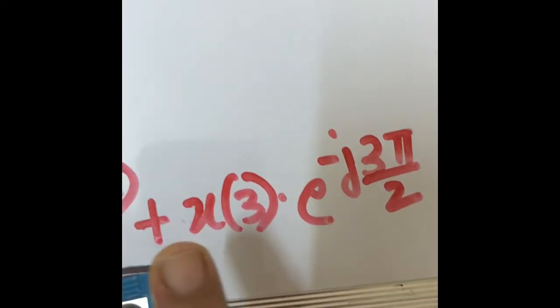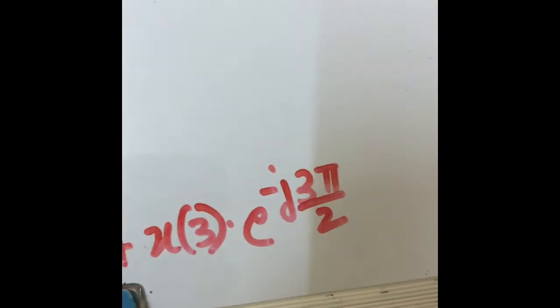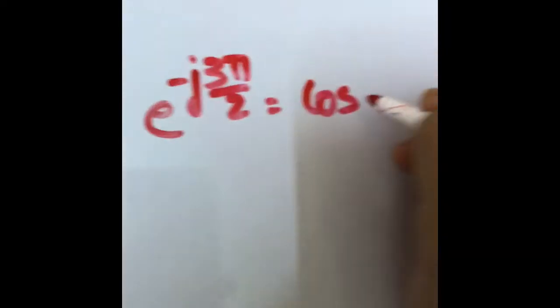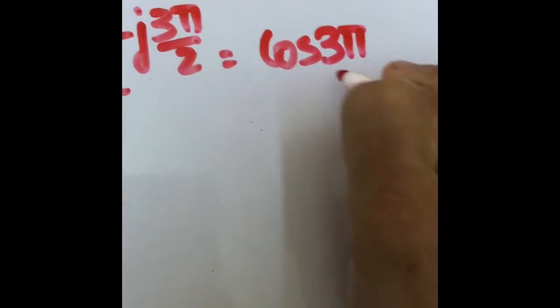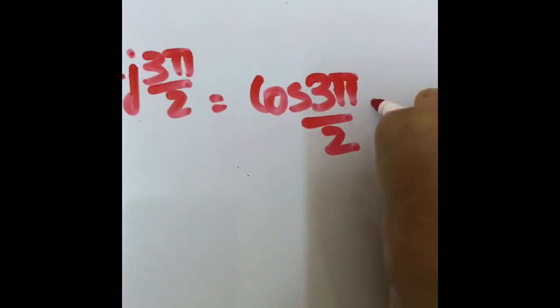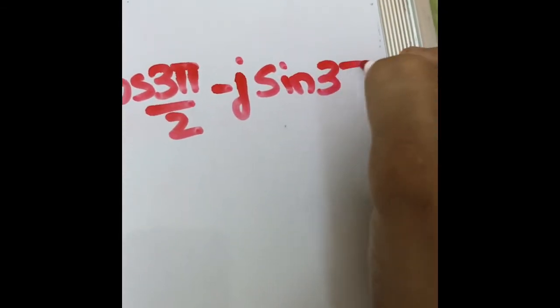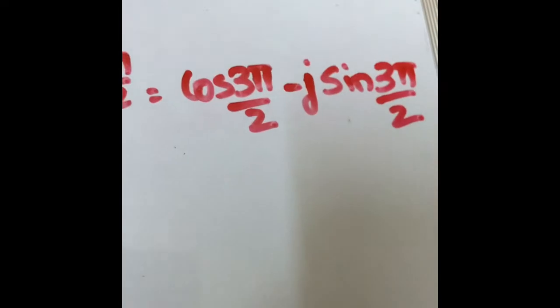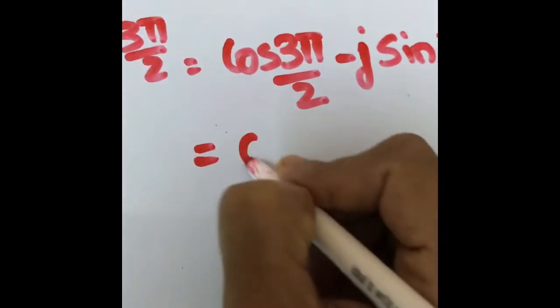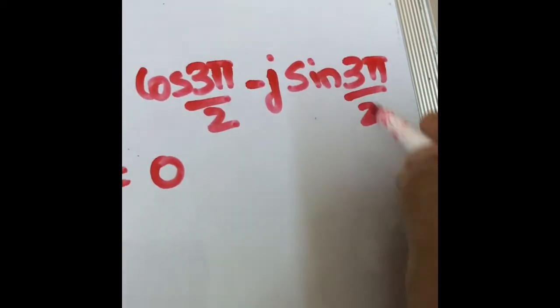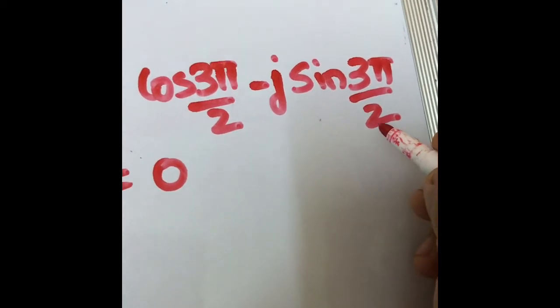So it becomes minus x of 2, and then the last term is x of 3 into e raised to minus j 3 pi by 2. So again e raised to minus j 3 pi by 2 is equal to cos 3 pi by 2 minus j sin 3 pi by 2. Cos 3 pi by 2 is 0 and sin 3 pi by 2 is minus 1.